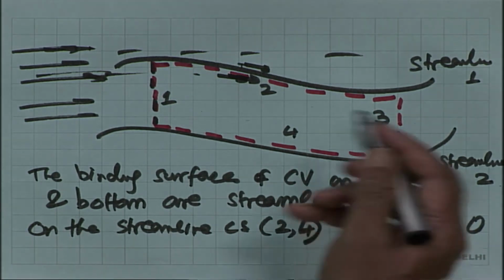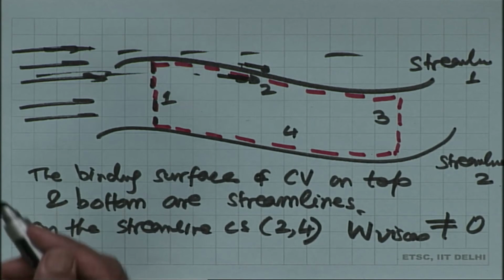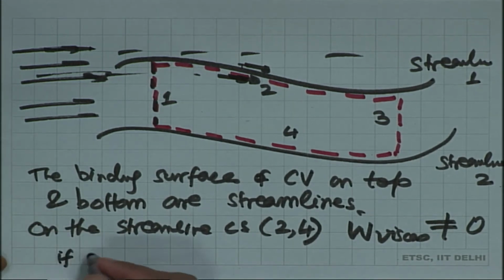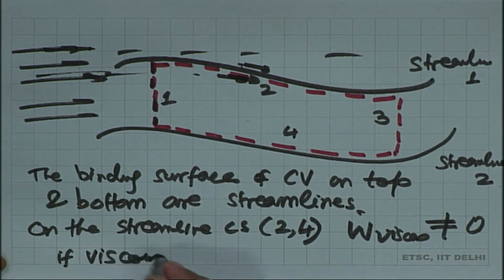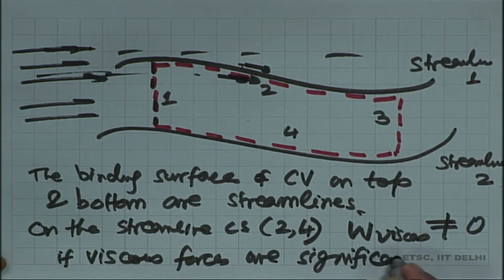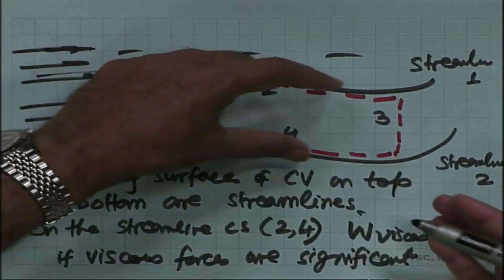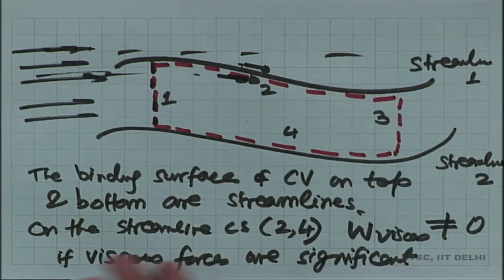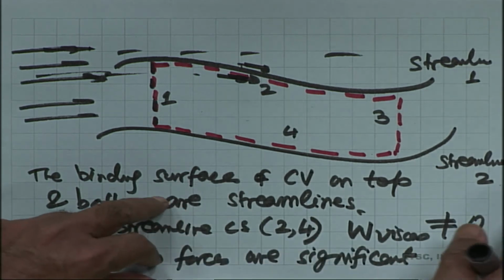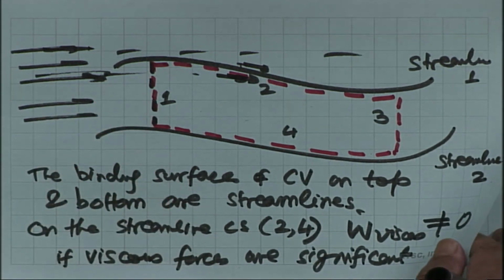So, viscous work done on this surface will not be 0 if viscous forces are significant, because there will be viscous forces acting between the two layers of fluids.